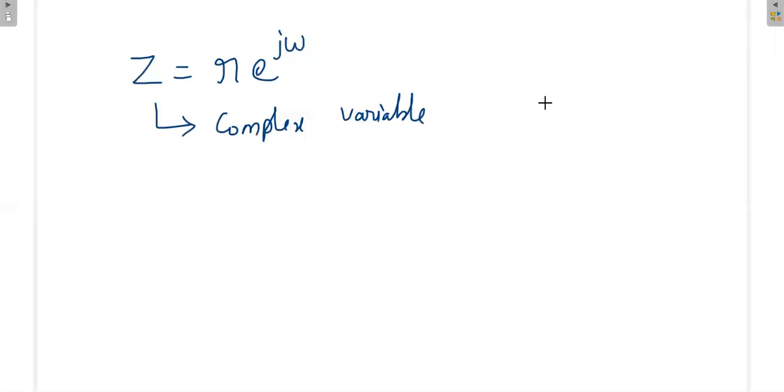Now we have seen in general z equal to r e power j omega. z is a complex variable. If it is complex, we can also write it like x plus jy, in Cartesian format, but this is in polar format.